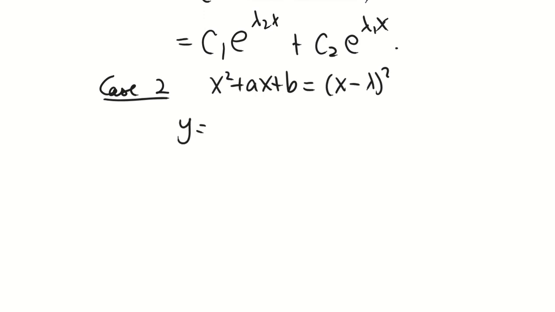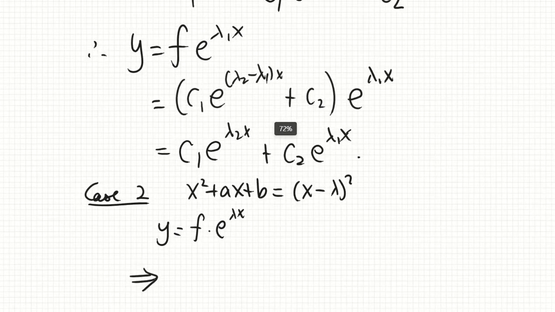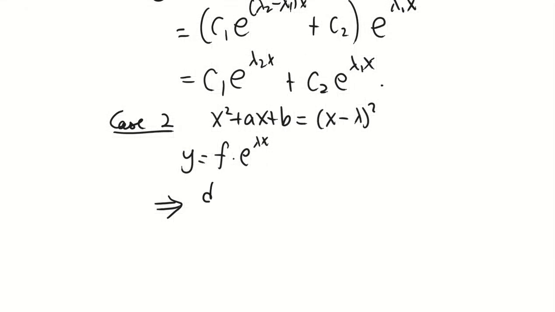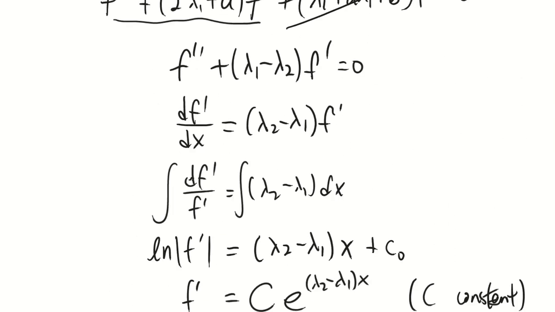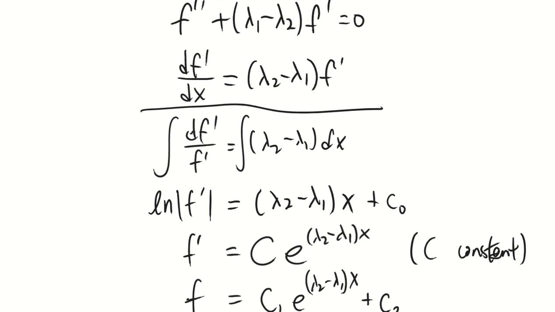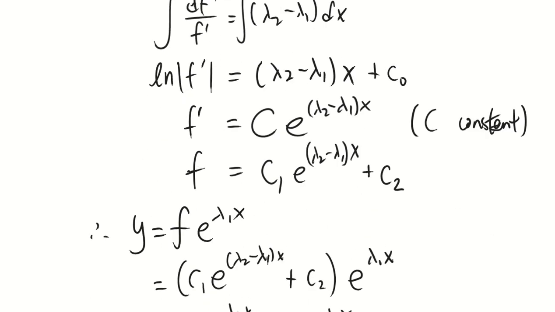So we let y equal f times e to the lambda x. Then eventually, using the same methods above, we would get df prime over dx equals 0. So basically, this step over here will become 0 instead.